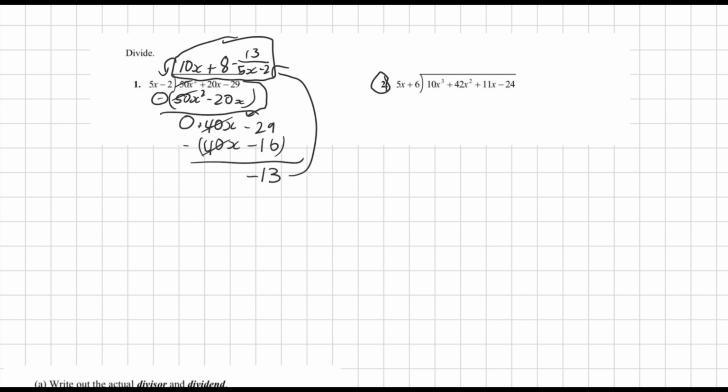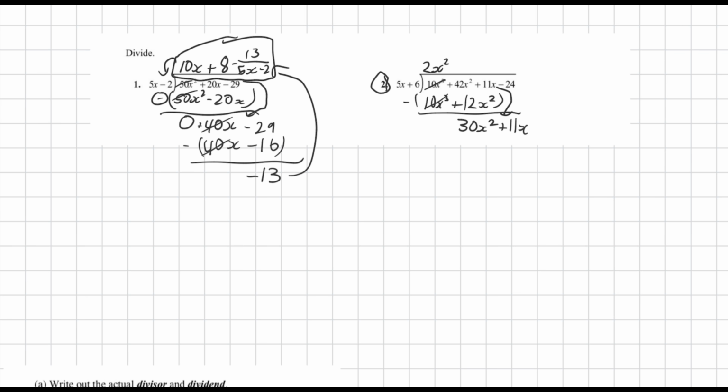Okay, so 5x goes into 10x cubed. We're going to times 5x by 2x squared, which is going to give us 10x cubed. Now 2x squared times 6 is going to be 12x squared. Subtract this, so 10x cubed, take away 10x cubed, cancels out. 42x squared, take away 12x squared is going to be 30x squared. And now we take down our 11x.